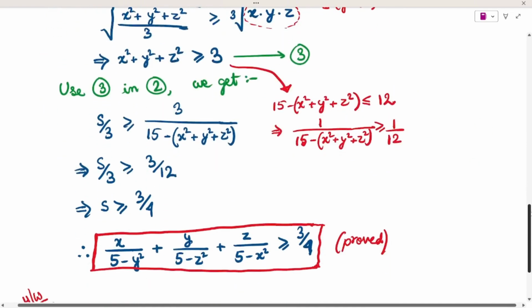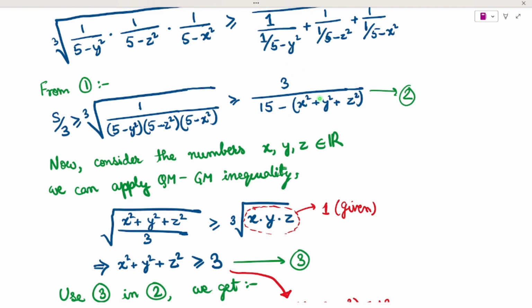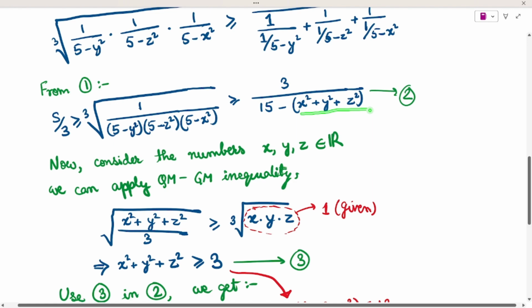Now we can use equation 3 in equation number 2, right? You can see we have this thing, x squared plus y squared plus z squared. To simplify this inequality further, we need to have a basic idea about the boundaries of x squared plus y squared plus z squared, right?